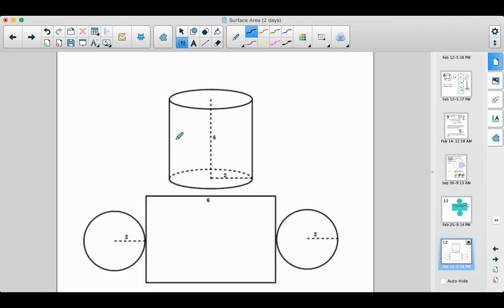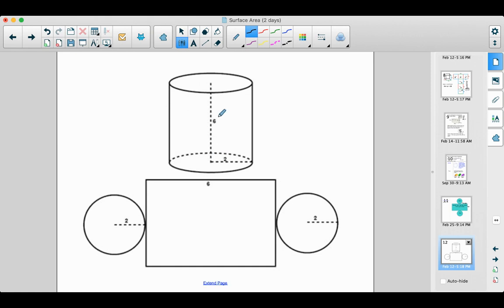All right, so let's try it with some numbers attached here. Here I have a circle that's 2. It doesn't tell me what the units are, that's fine. But it tells me the radius is 2 and the height is 6. So let's find the area of the bases first. The bases are circles. Area of a circle is pi r squared.